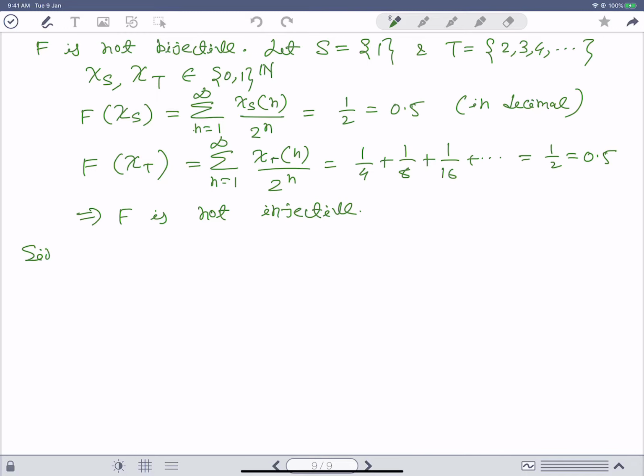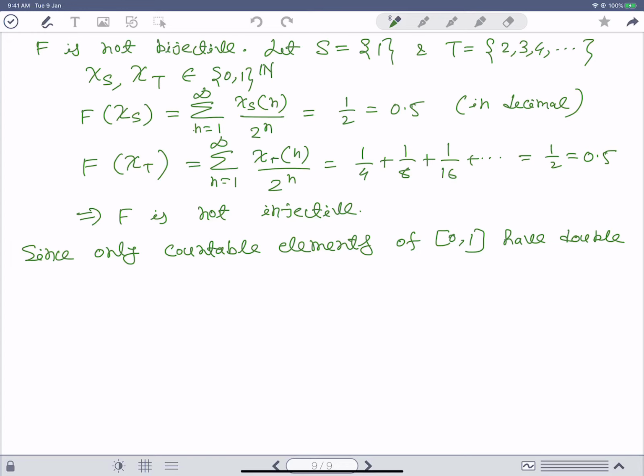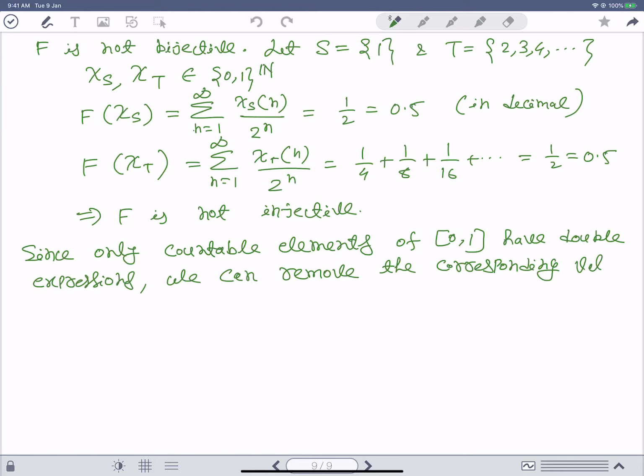But we can refine the function and the domain and we can make it bijective. How? Since only countably many elements of [0,1] have double expressions, we can remove the corresponding values or functions from the left.